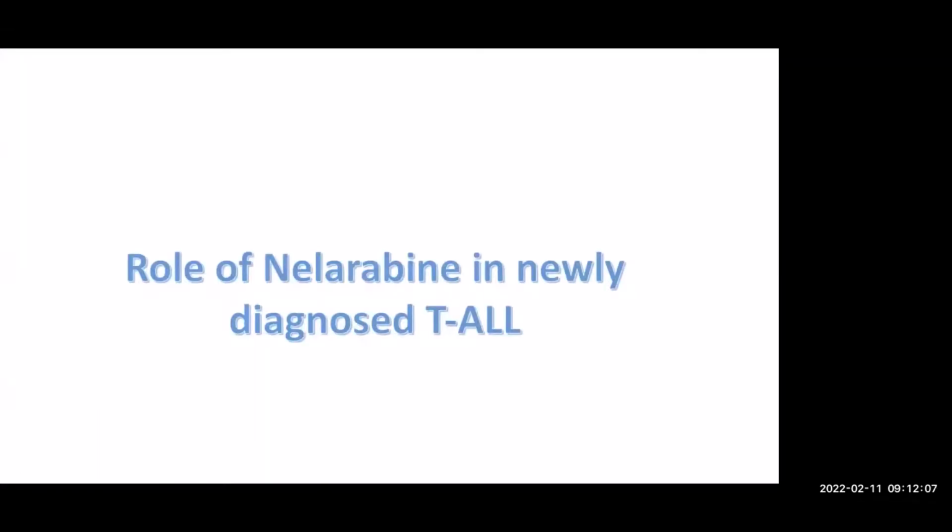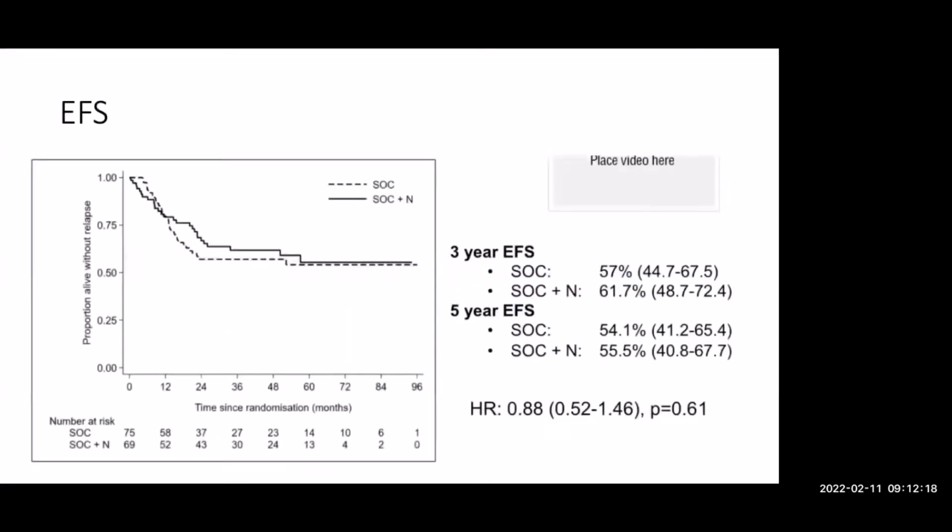Coming to the role of nelarabine in newly diagnosed T-cell acute lymphoblastic leukemia. Nelarabine is a purine analog which gets incorporated into T cells and causes the destruction of T cells.